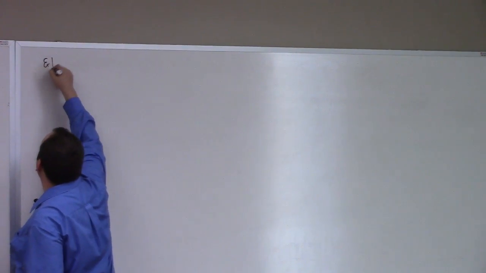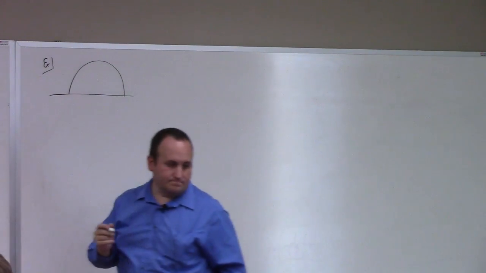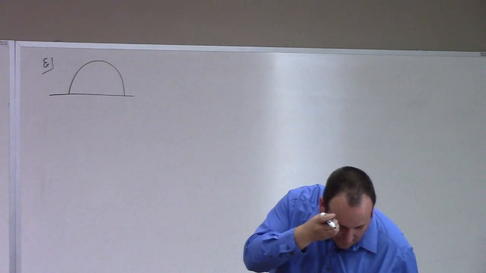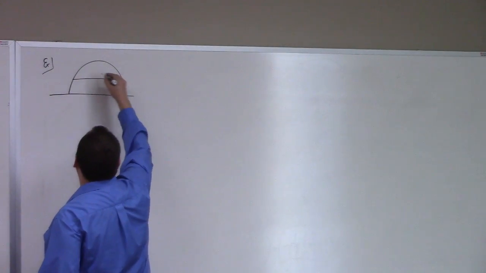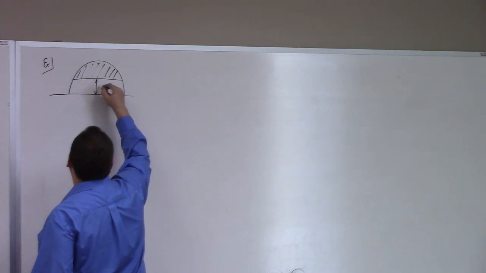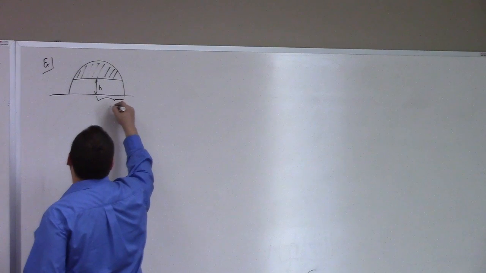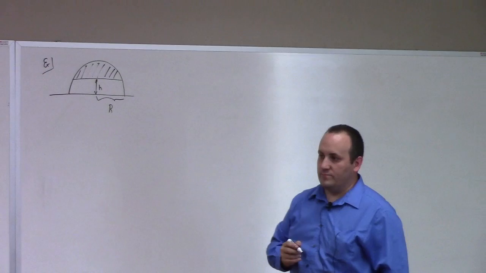But here's an example. Let's try to find the area. I guess this is problem 44. You're asked to find the area of this shaded region. Here this height is h, and this is radius r. So let's see here.